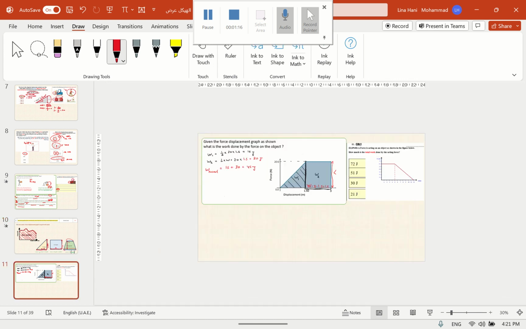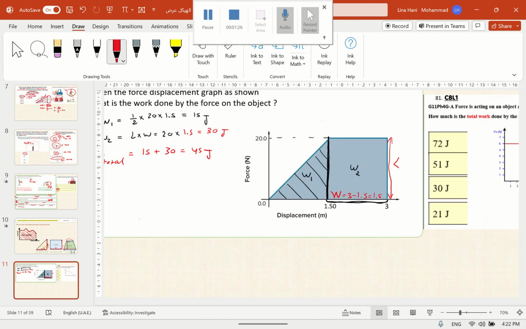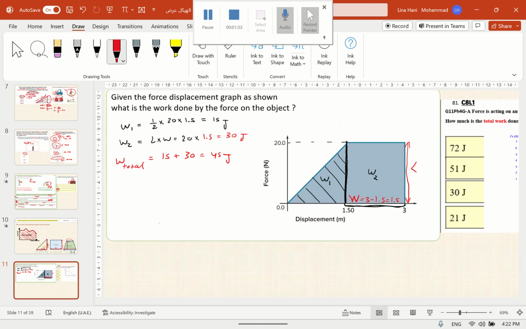We had this exercise back in class. Given that the force displacement graph is shown, what is the work done by the force on the object? Here we had two shapes. We have a rectangle and a triangle. Here he wanted to find the total work done since he didn't specify a specific displacement.